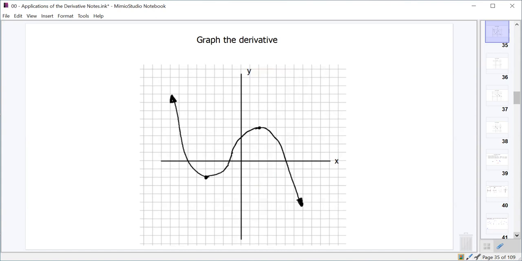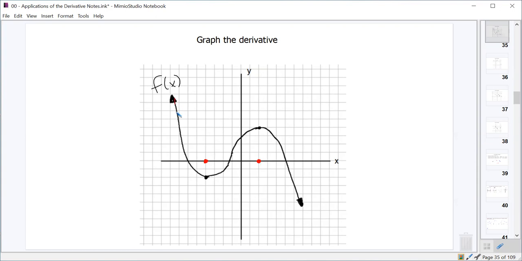For this one, again, we're going to take a look at where our original function, f of x, has a local max and a local min. And it looks like we've got a local minimum here at x equals -4. So that'll be an x-intercept. And we should have another x-intercept over here at about x equals 2.